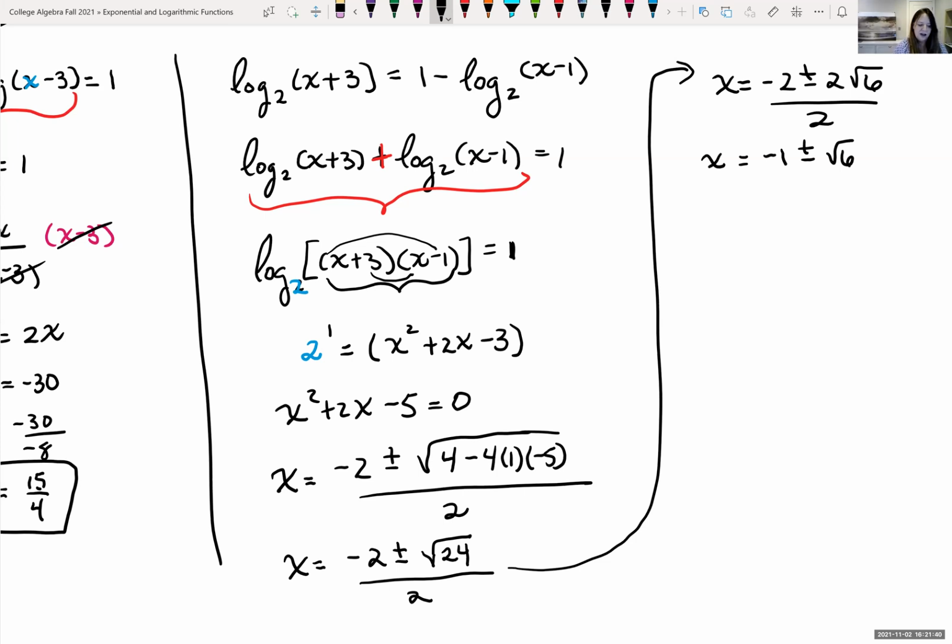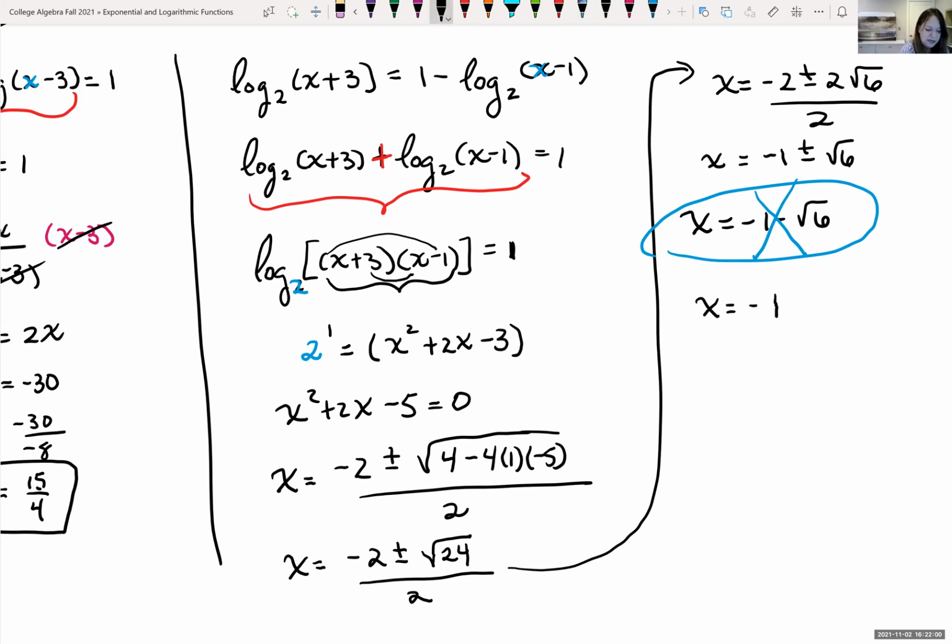I notice right now, because this is two separate solutions, x equals -1 minus root 6. When I plug this into this log, those are all negative numbers. I can't have a log of a negative, so this one doesn't work. If I look at x equals -1 plus root 6, let's figure out what that is.